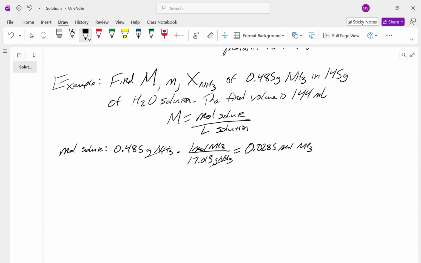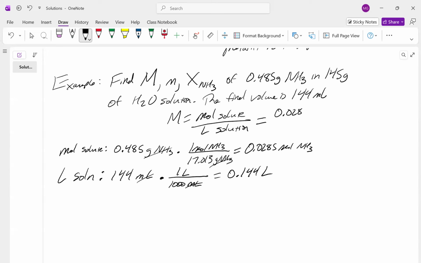And then we can easily find the liters of solution. You can do that in your head. I'm just going to draw it out so that you can see where everything is coming from. But 1 liter is 1,000 milliliters. And so we have 0.144 liters. So now we can plug that into our molarity equation. And that comes out to 0.198 molar.